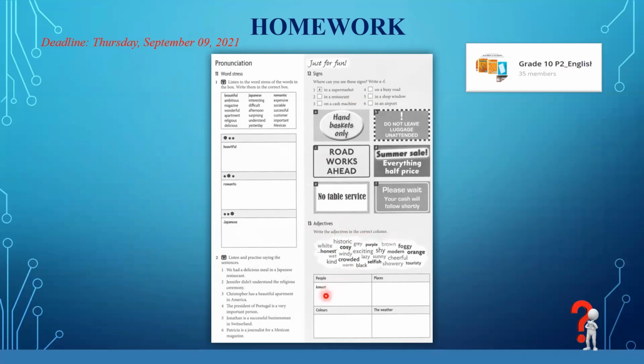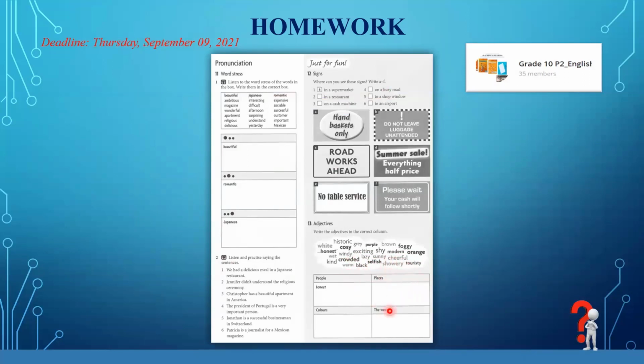So here we have people, places, weather and colors. The first one, honest: for people, we use the people column. How about white? Is it places, or is it in the column of colors or weather? Brown, orange, cheerful, modern, exciting, lazy, sunny, selfish, black, warm.